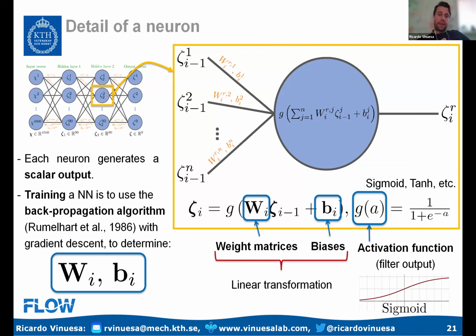This nonlinear function precisely gives neural networks their predictive capability. This means that I cannot replace all the layers by one single operation. I need to do them separately, and I can capture nonlinearities in the data. Data is, of course, in general nonlinear and highly complex, and those nonlinear activation functions allow us to really reproduce such things.